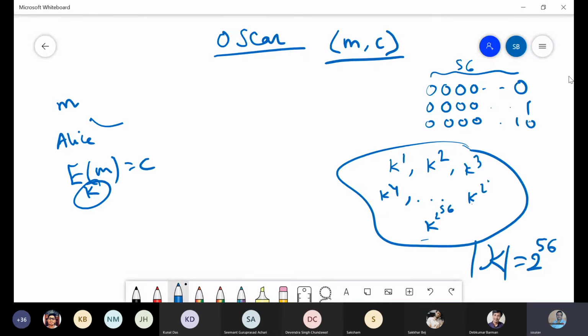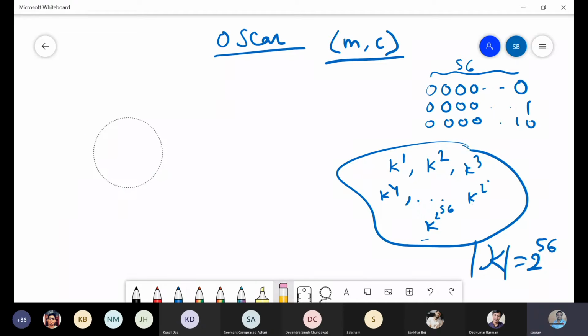This many. So this is the coordinate of this set. Now Oscar has to search for the key in this set.